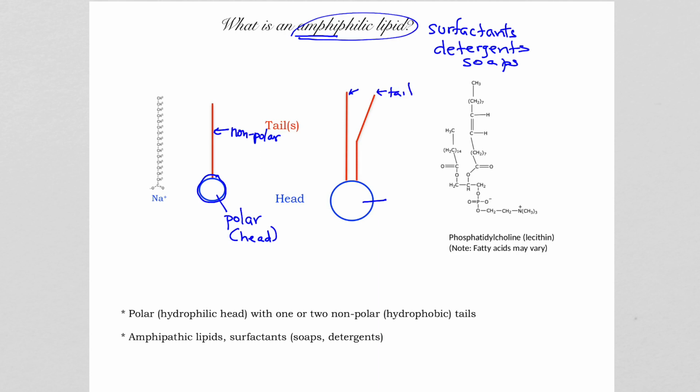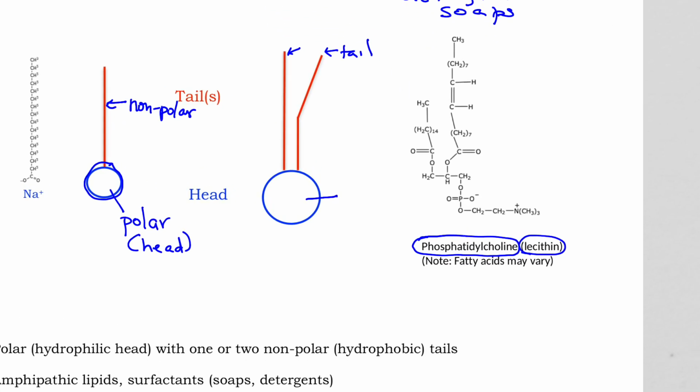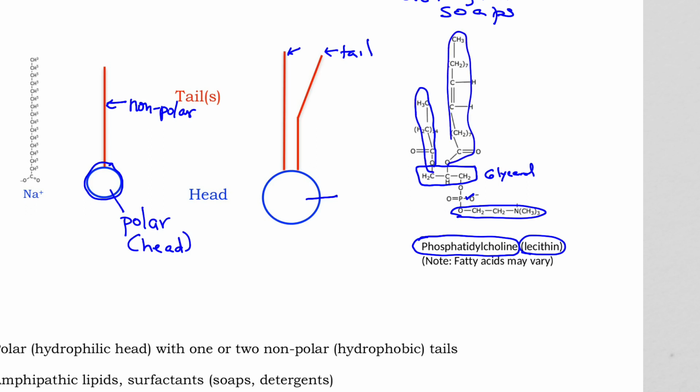Okay, one good example, a very common amphiphilic lipid found in our body, the common name is lecithin, and it is also sometimes called phosphatidylcholine. Phospho because there's a phosphate, choline is this, and there is a glycerol, sort of a backbone here. And then we see one fatty acid here, and another fatty acid here.